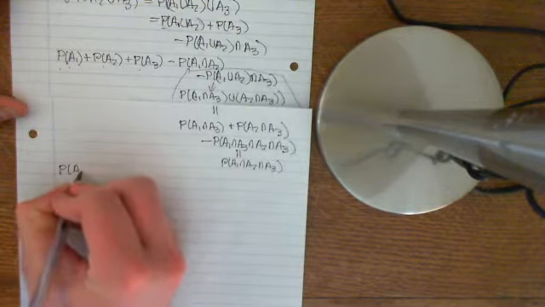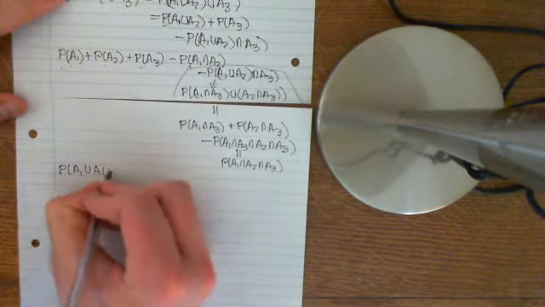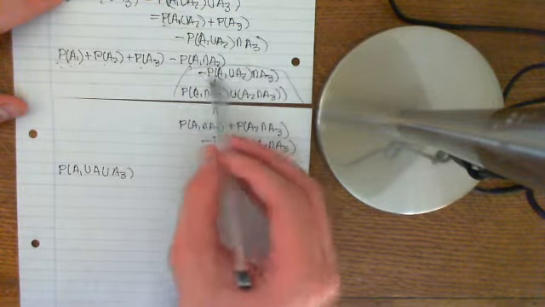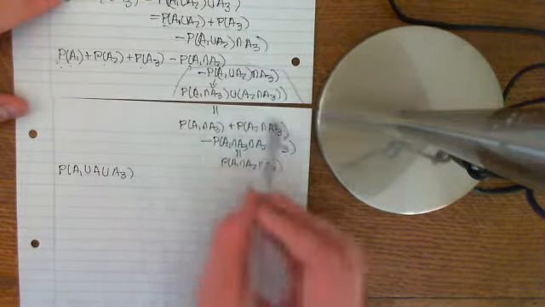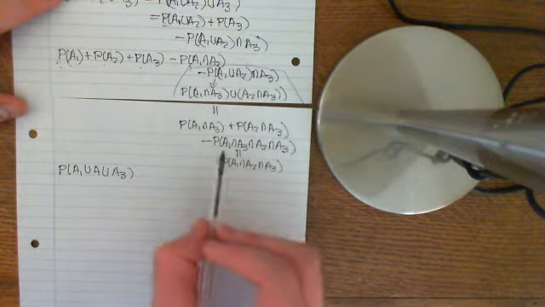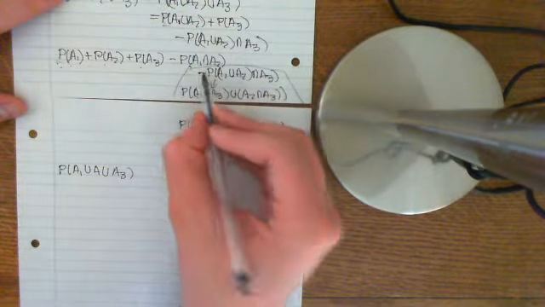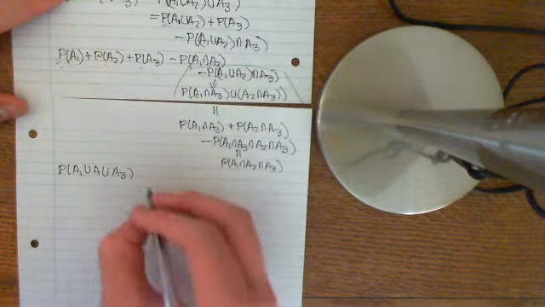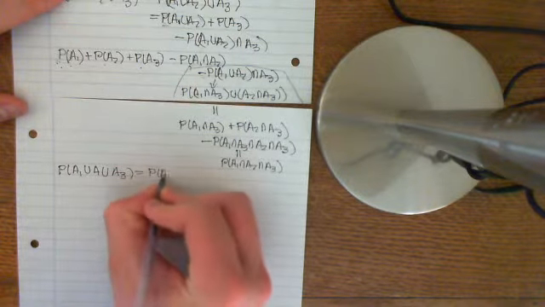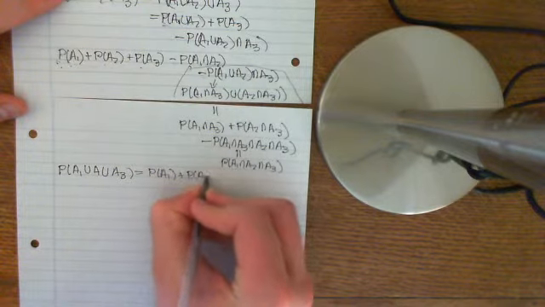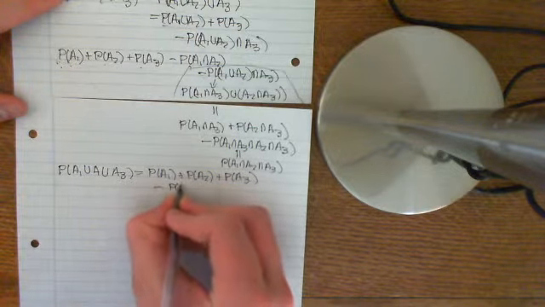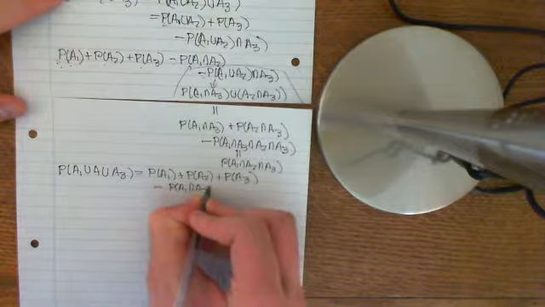So if we rewrite this whole thing here, which was the probability of A1 union A2 union A3, that we had up here, it's equal to all of this minus this, and we've shown that that is the same as this thing over here. But all of that minus, because there was a minus sign here. So we'll get the probability of A1 plus the probability of A2 plus the probability of A3 minus the probability of A1 intersection A2, which is up there.